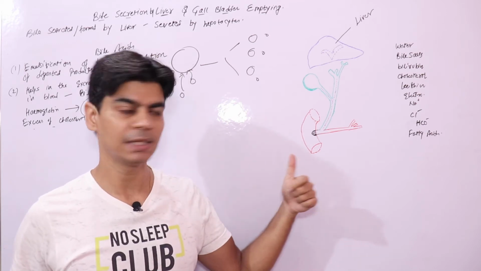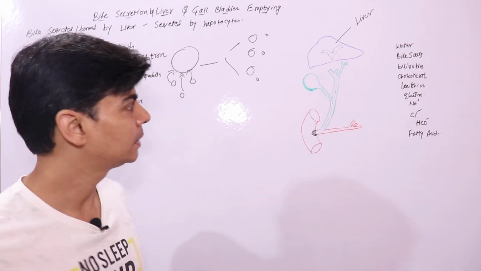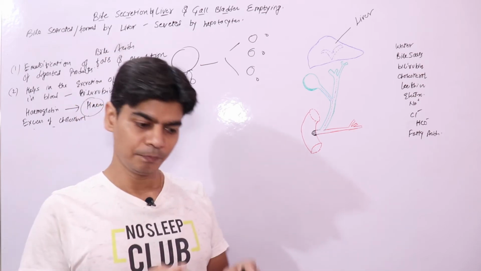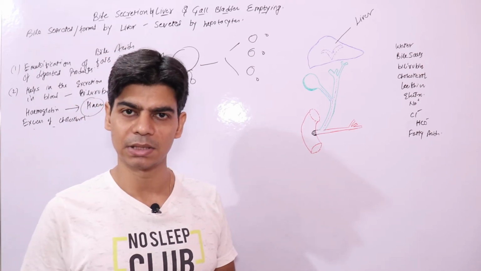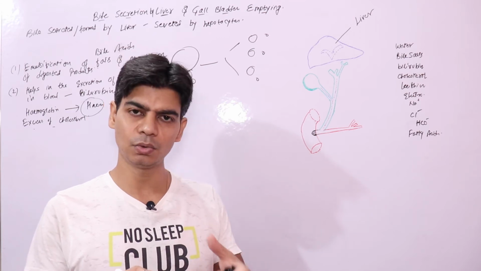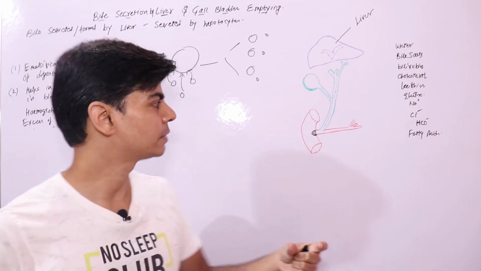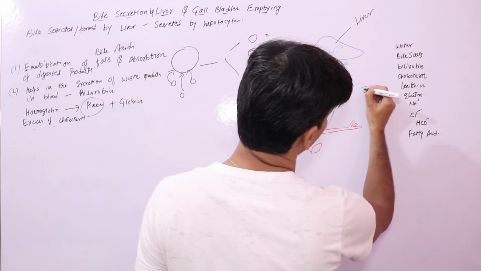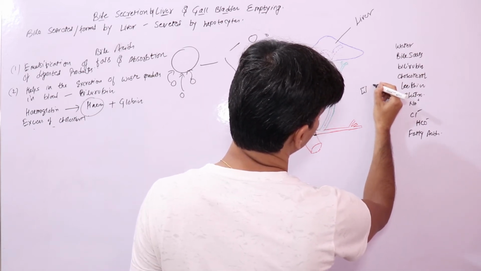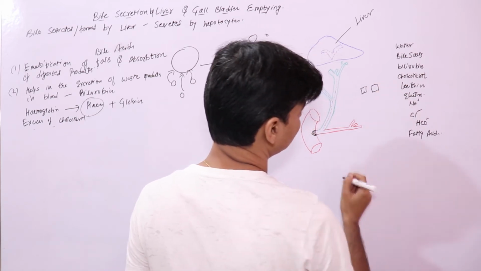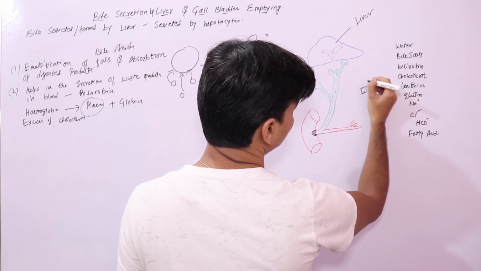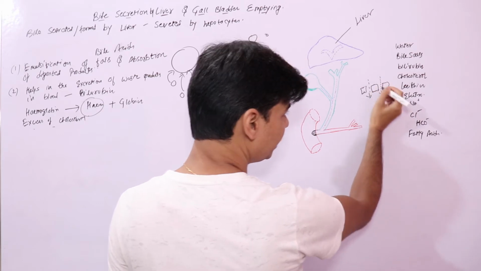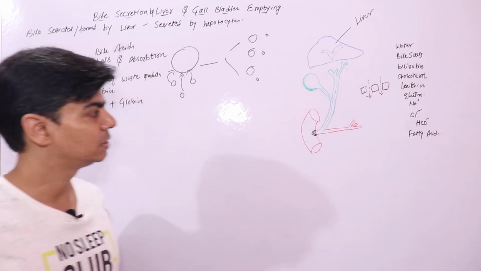Hepatocytes, which are liver cells, will secrete bile into small canaliculi between the hepatic cells. Canaliculi means small canals, right? If these are, say, your hepatic cells, then these are canaliculi. So bile is secreted between the hepatic cells in these canaliculi, right?